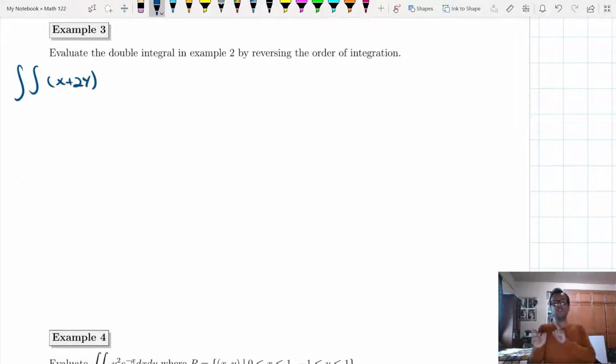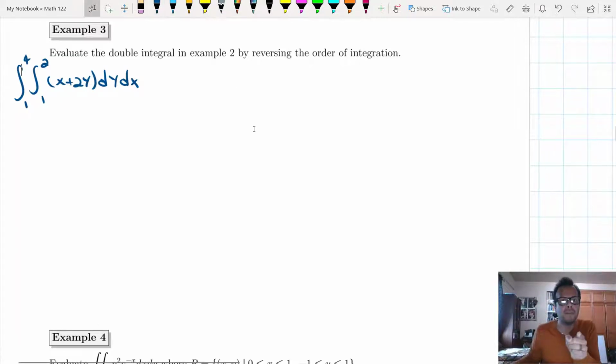But instead of evaluating with respect to x first and then with respect to y, we're going to do with respect to y and then with respect to x, okay? In this case, the limits with respect to y go from 1 to 2, and the limits with respect to x go from 1 to 4. Notice how everything is reversed.